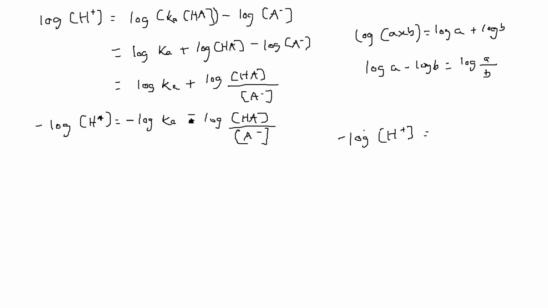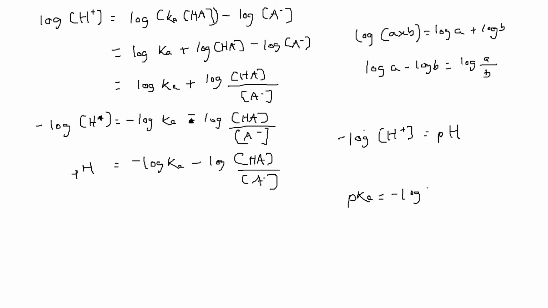So we can rewrite this side of the equation here. So we substitute minus log H plus for pH, and we write pH is equal to minus log Ka minus log HA over A minus. Then we've also seen in the chapter that pKa is equal to minus log Ka. That's another relationship we see in the chapter itself.